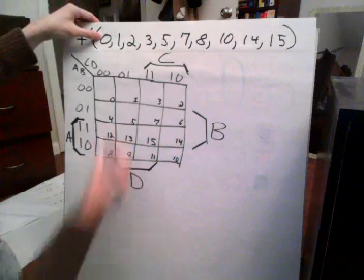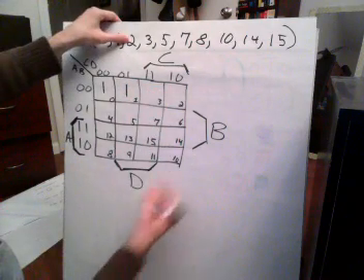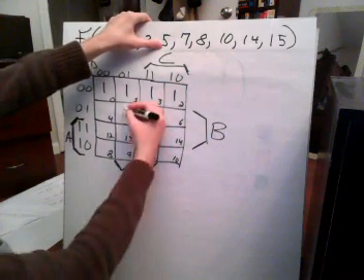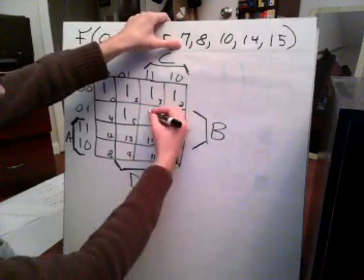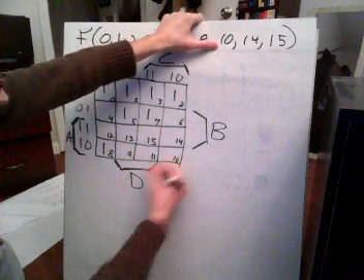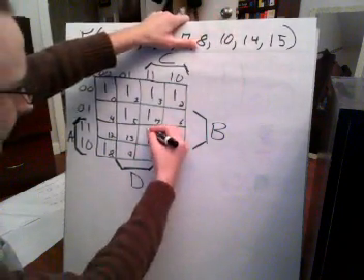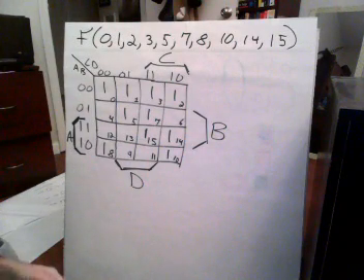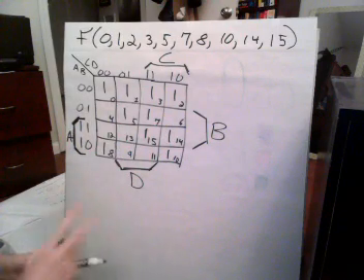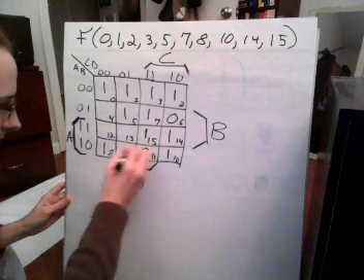So we have a 1 in 0, a 1 in 1, a 1 in 2, a 1 in 3, a 1 in 5, a 1 in 7, a 1 in 8, 1 in 10, 1 in 14, and a 1 in 15. And just for simplicity, I could leave these blank, but to make it more obvious that they're blank, I'm going to put zeros in them.